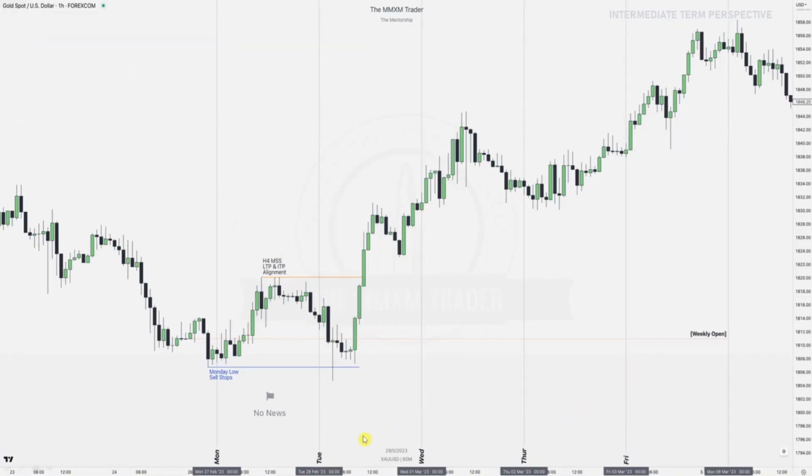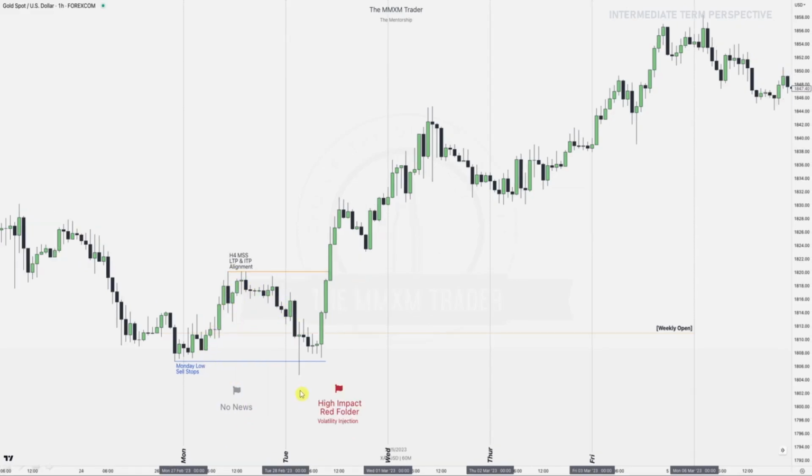Right, so outlining the news events from start to finish, right? Monday, no news. What can we expect? We can expect consolidation or less volatility. Then Tuesday, high impact red folder, right? Volatility injection. So what do we see? Low of the week being created with that high impact folder below weekly opening price and running Monday's low.